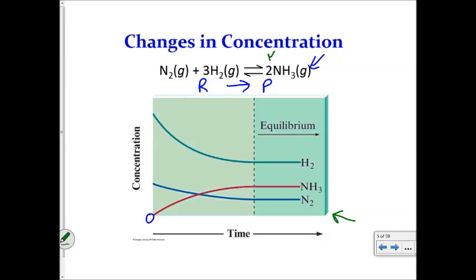We don't see this. What can we establish about our reactants and products based off of what we're looking at in the graph? What do we see going on here with the hydrogen, with our nitrogen and our ammonia? We see them establishing their equilibrium concentrations. Good, but before that, what is it going to tell us?